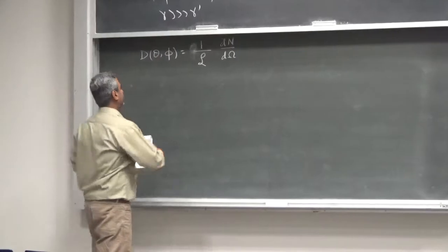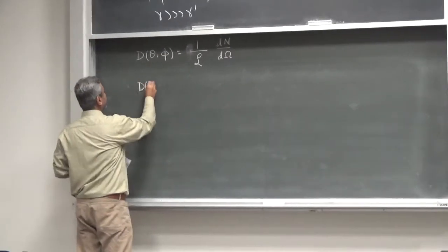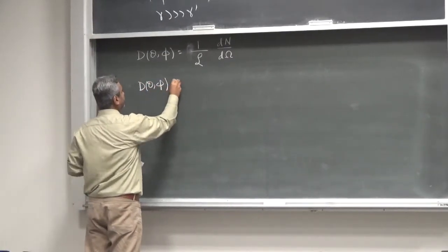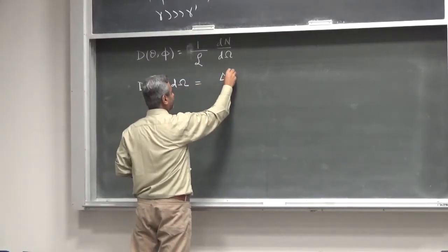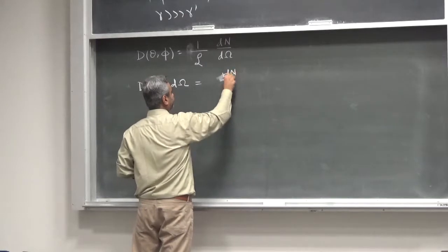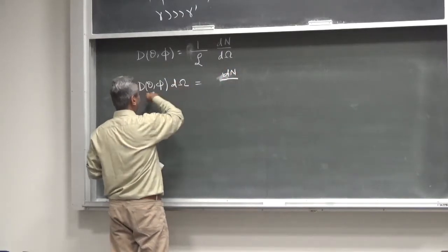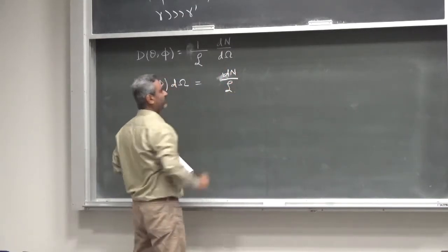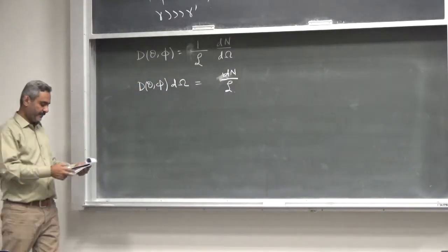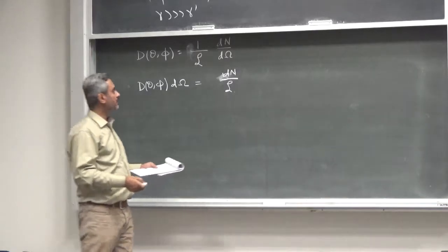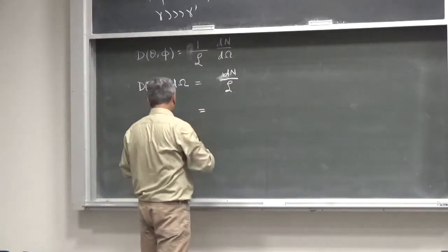राइट? इन अदर वर्ड्स अगर आप इसको ऐसे लिख लें d theta phi d omega, so then this is just the number of particles that you're getting in d omega in this direction divided by the total number of particles. ठीक है? Any questions? So let me write this down in words.